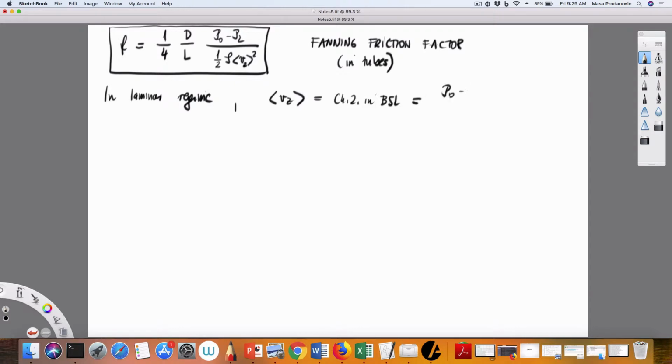It's actually P0 minus PL times R squared divided by 8 mu L. So basically, when I take a look at my friction factor again, I have Vz here that I can plug in.